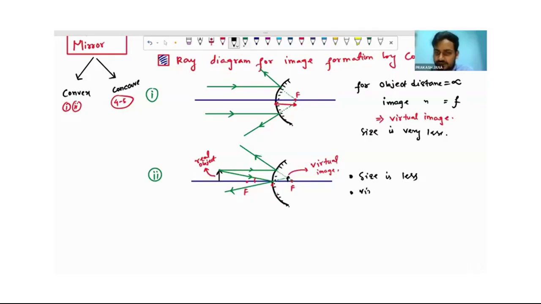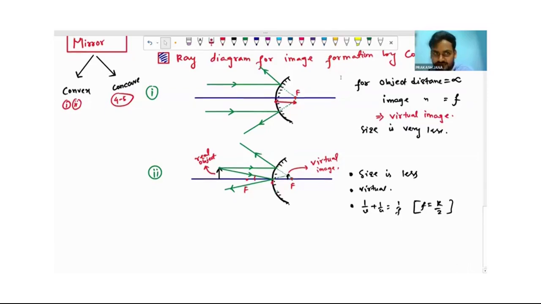Definitely it is virtual. And what is the distance? We can't say the distance directly; we have to calculate it using the formula 1/v + 1/u = 1/f, and you know f = R/2 in case of spherical mirrors. These are the cases for the ray diagram of image formation by a convex mirror.